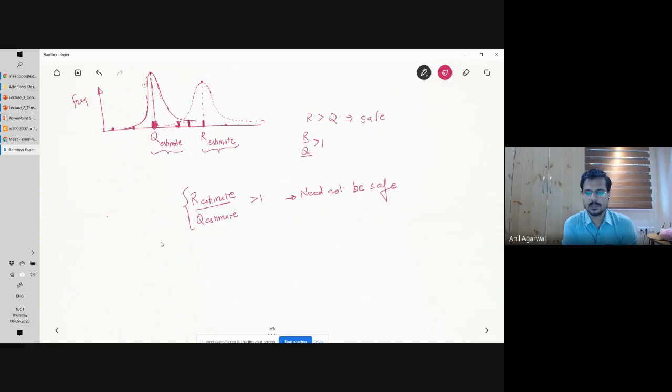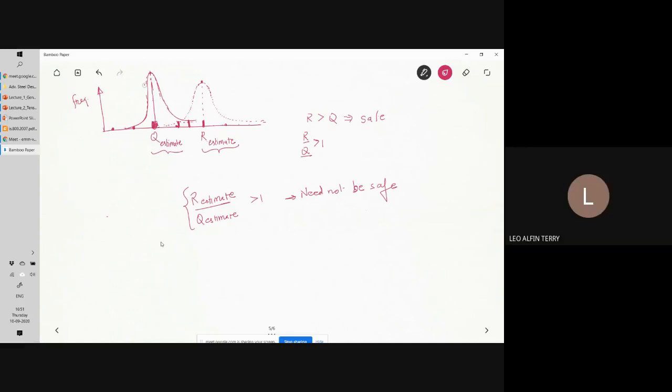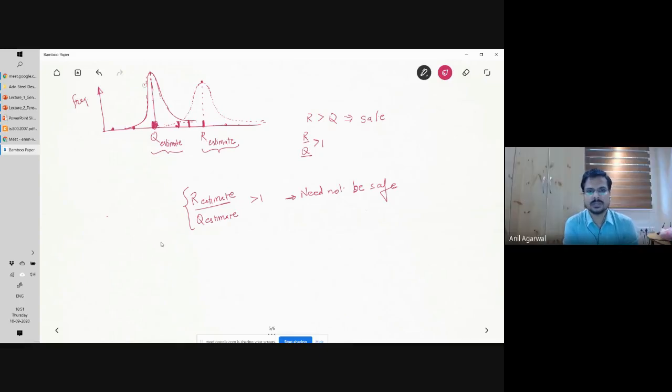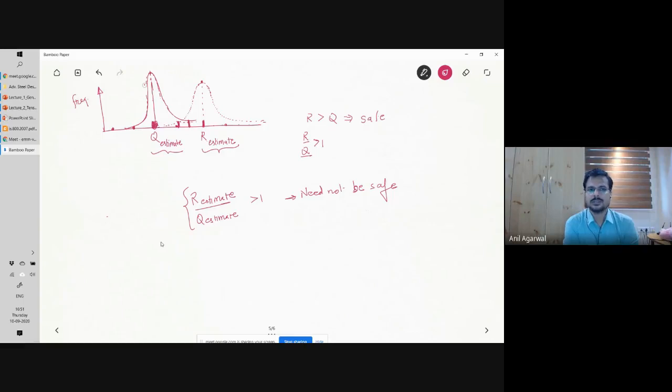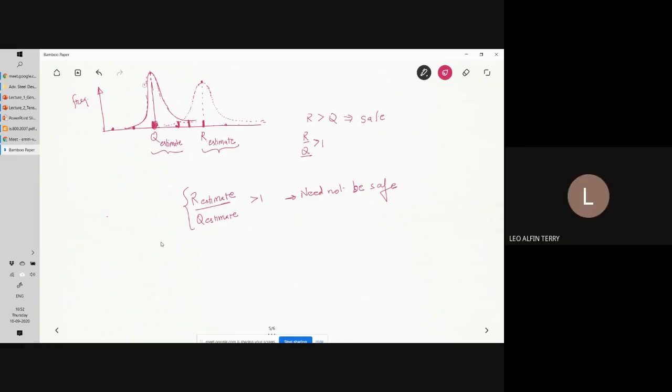Sorry, louder. Factor of safety. Yeah. So where is the factor of safety in this diagram? If there's an ambiguity, then we can give more factor of safety. Correct. You're right. So we can increase the factor of safety. But if I increase the factor of safety, what happens to this plot? Then R will shift to the right side.